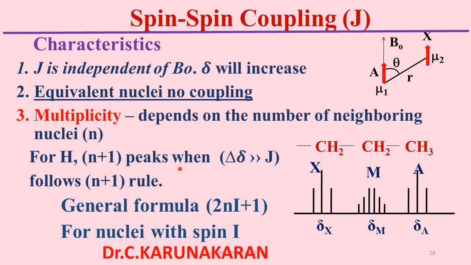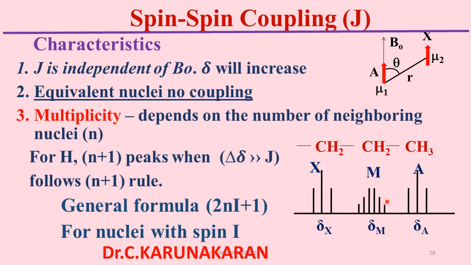Therefore, n plus 1, 5 plus 1, 6. A sextet signal is obtained for this M-type proton, and this other proton couples with its neighboring CH2, therefore you will get a triplet signal for this proton.